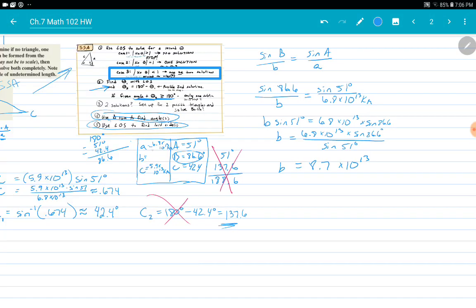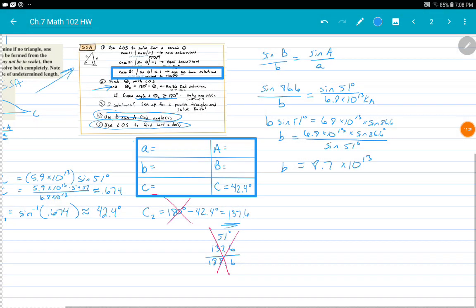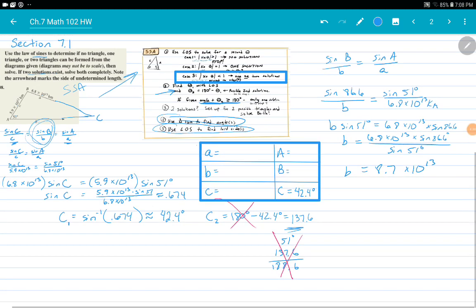I'm going to make this table a little bigger. Okay, that's a little better. I can see everything on the table now. So A was the 51 degrees. C was the one we found, the 42.4. Looks like I lost B. I think I erased it.